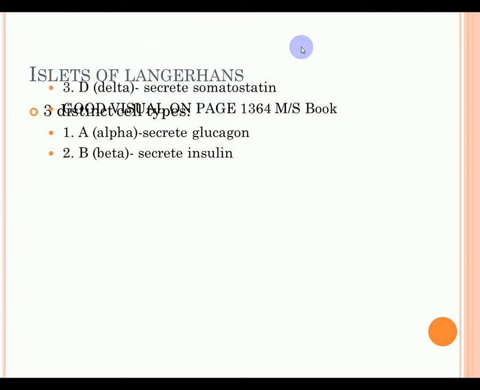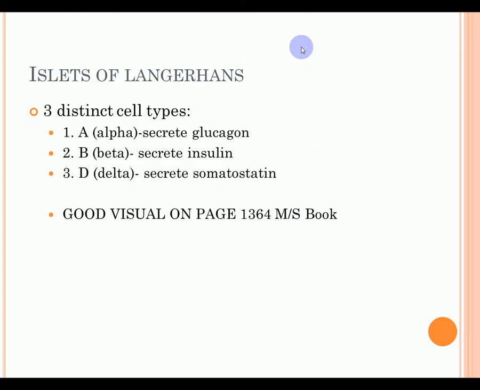The last ones that you're going to have to worry about are the D cells, or the delta, that secrete somatostatin. Now, it is very convenient because there's A, B, and D, A for alpha, B for beta, D for delta. There is also a good visual in your book on page 1364.